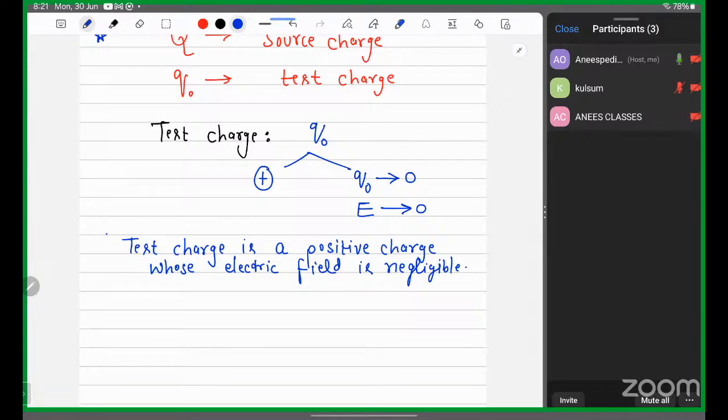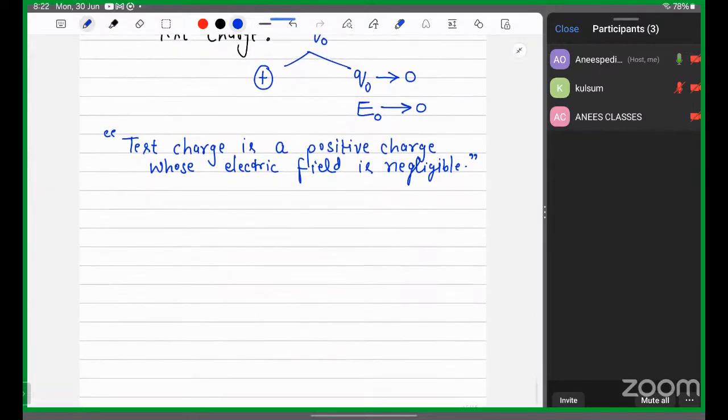In mathematical terms, Q naught is tending to 0 and electric field due to Q naught charge, let me give it by E naught, E naught is also tending to 0. So this is the test charge. So in our discussion, test charge is always going to be a positive charge or charge of positive polarity, always. Okay. Yes, or any doubt?